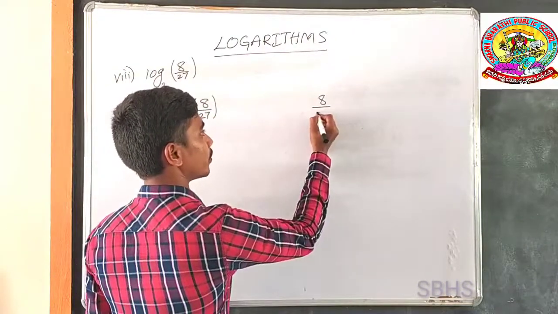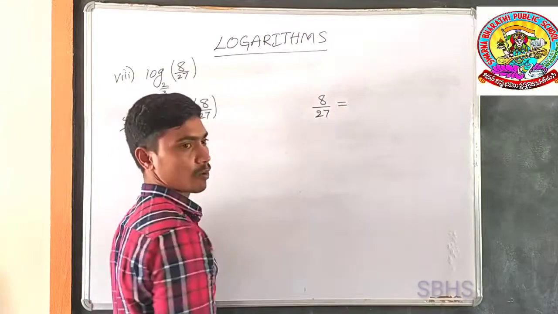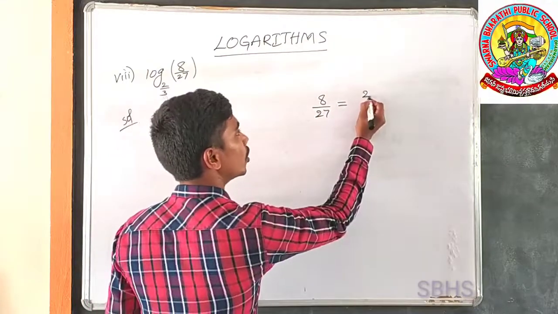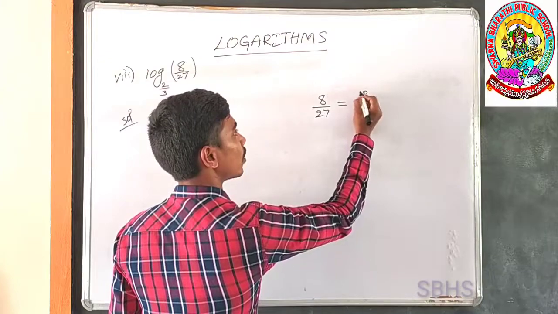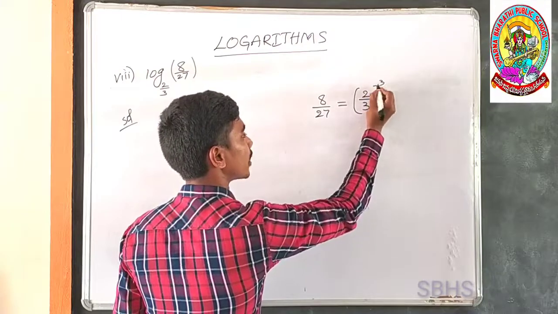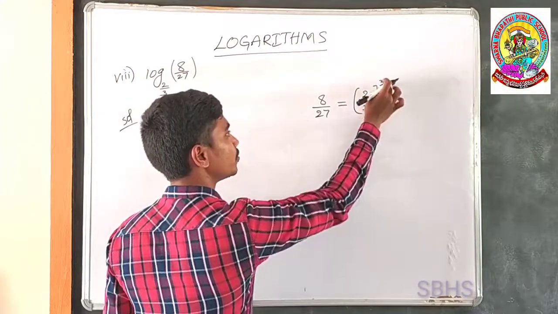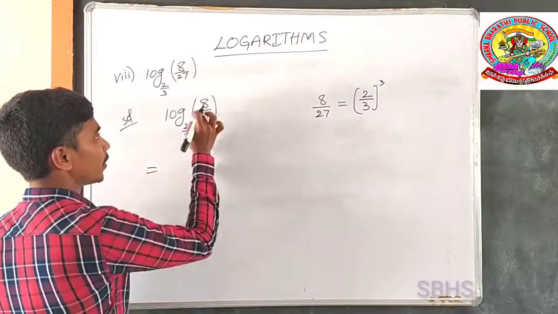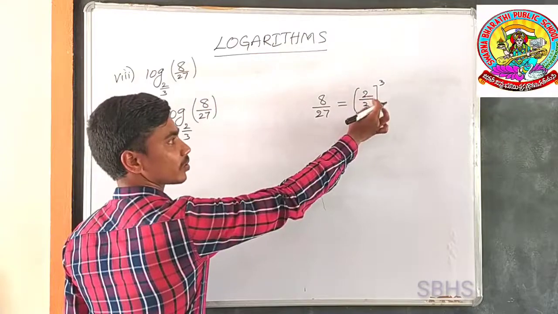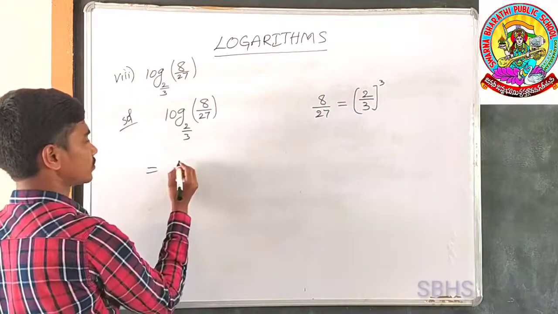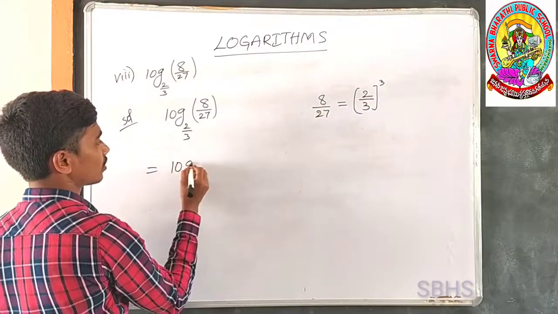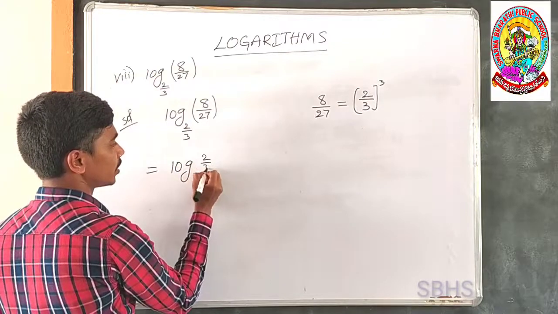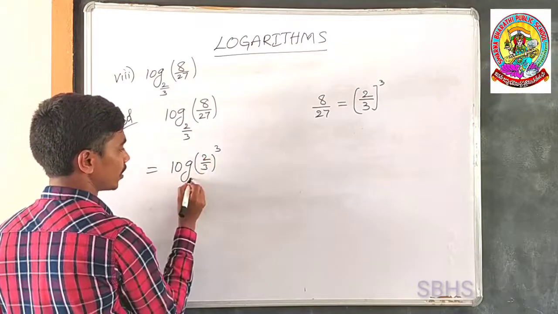Once 8 by 27 is possible to express in the form of 2 by 3 whole cube, because 2 cube means 8, 3 cube means 27. So 8 by 27 can be expressed in the form of 2 by 3 whole cube. Log 2 by 3 whole cube to the base 2 by 3.